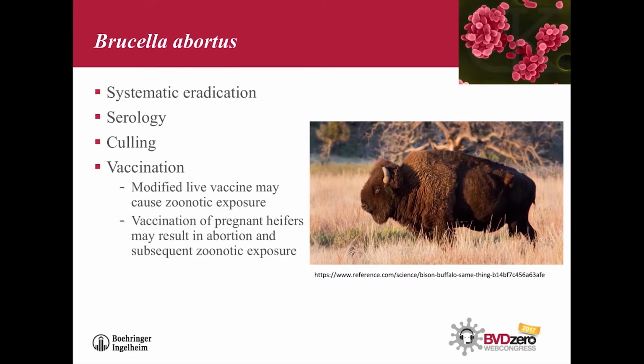But we do see control based on testing of animals using serology to see if they're seropositive, if they have antibodies for the organism, culling infected animals, and vaccinating susceptible animals. The modified live vaccine may cause a zoonotic exposure, so we have to be careful.